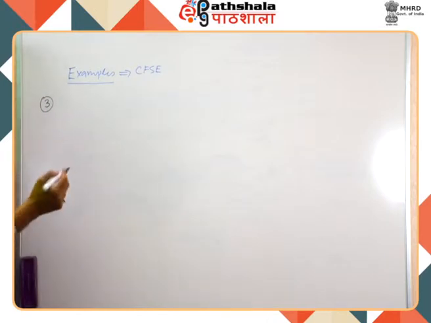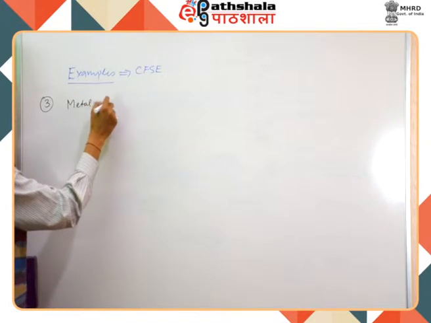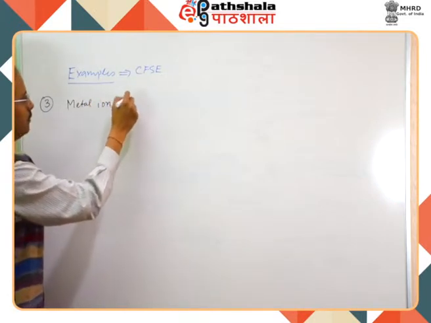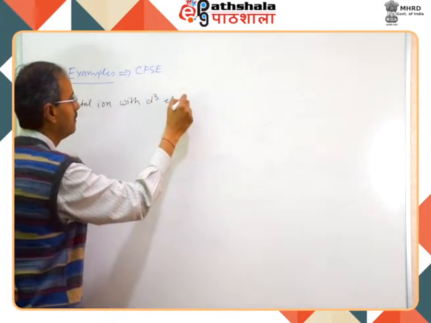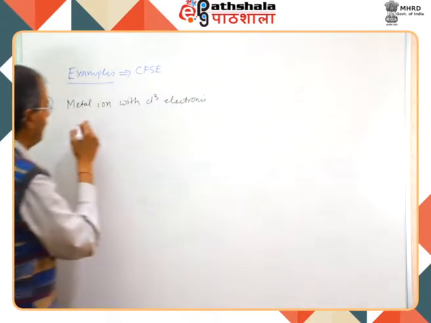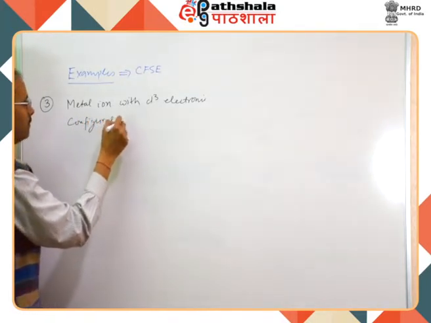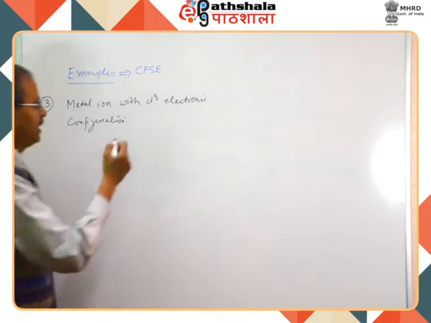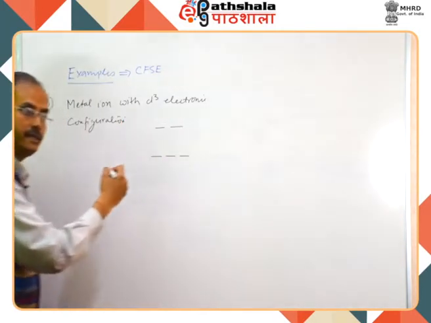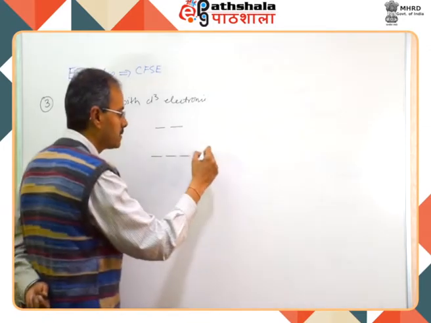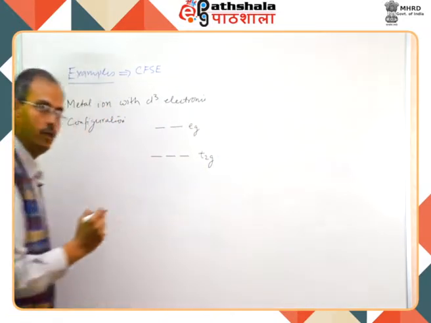We can move further. We can take a metal ion with D3 electronic configuration. We will have the same situation, the degenerate set of T2G orbitals and the degenerate set of EG orbitals.